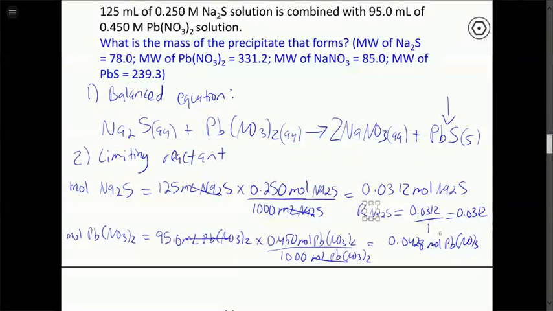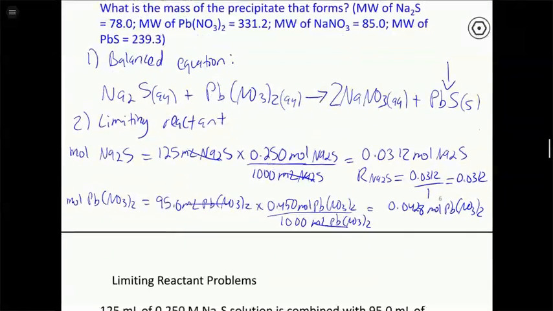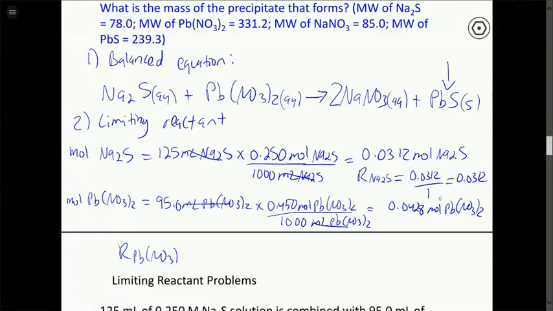Oops, I didn't write that right. All right, so that's the moles of lead nitrate, and then the stoichiometric ratio for lead nitrate is just that number divided by the coefficient. The coefficient for lead nitrate is also 1, so we don't even have to divide it by anything, it's just that number.